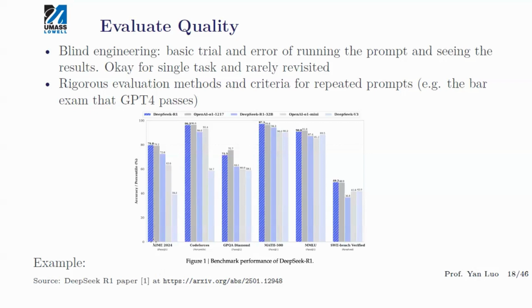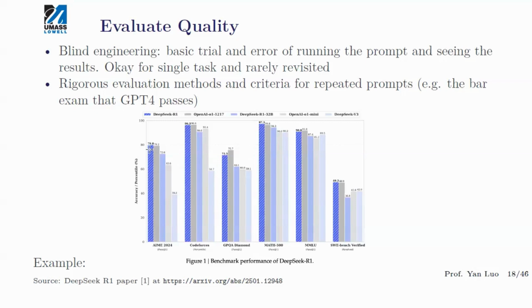And for each group, we have a benchmark. For example, this AIME 2024 is a very well-known mathematics competition. If you search on Google, you'll find that every year they have this mathematics competition problem set. In this case, they solve these math problems and then score them.